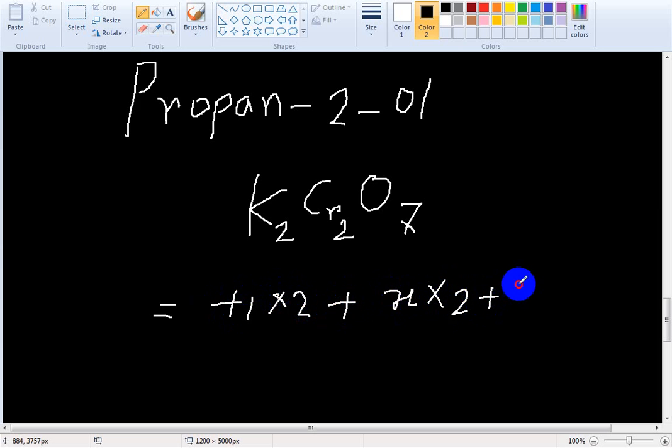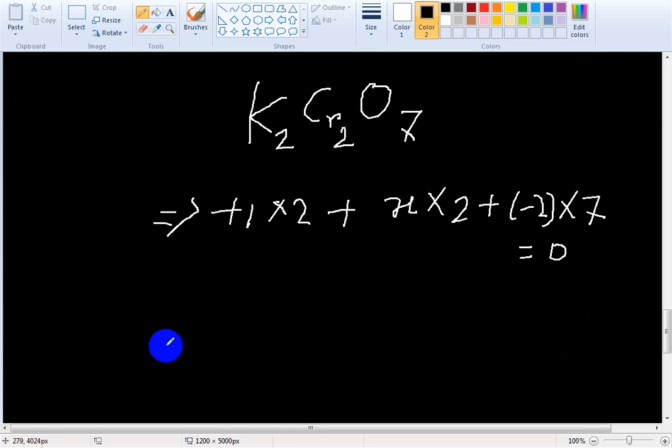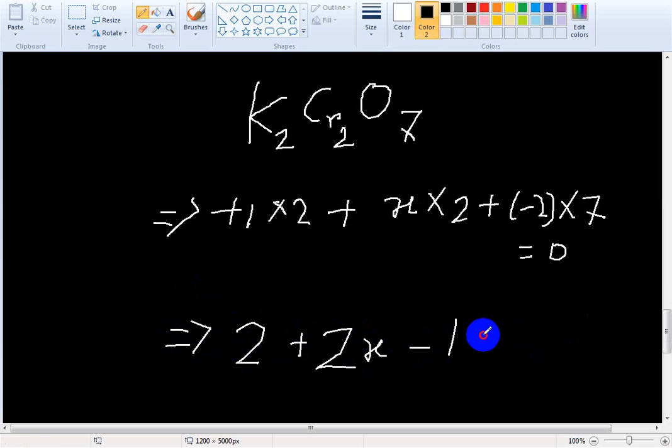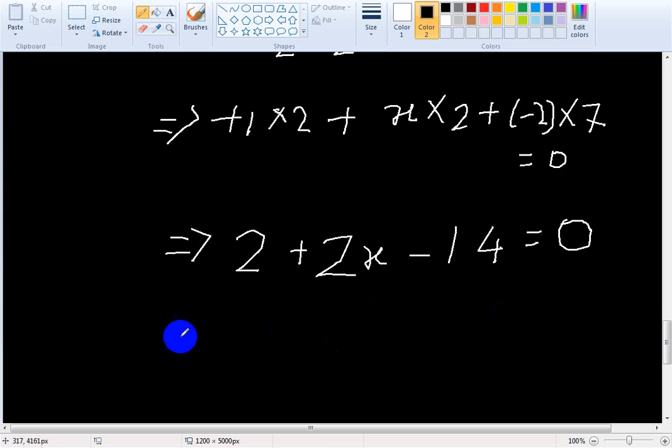Oxygen is -2 and there are 7. The compound is neutral, so we find the oxidation number of chromium: 2 plus 2x minus 14 equals 0.